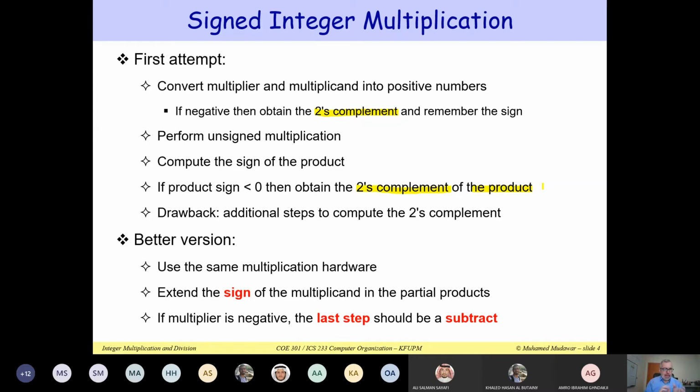If it is negative, in the last step we convert it to subtraction rather than addition, because the weight of the most significant bit of a negative multiplier is negative. So when you multiply by a negative number, rather than adding, we subtract. It's a small trick that we can do in the hardware to simplify it, and we can make it faster. I'm going to show you an example about this.